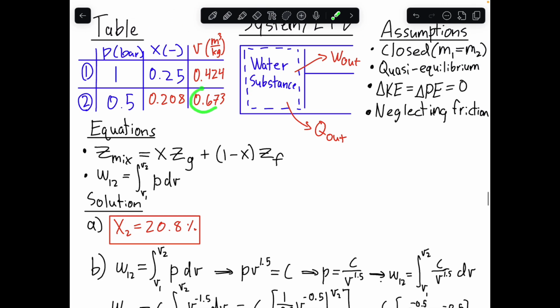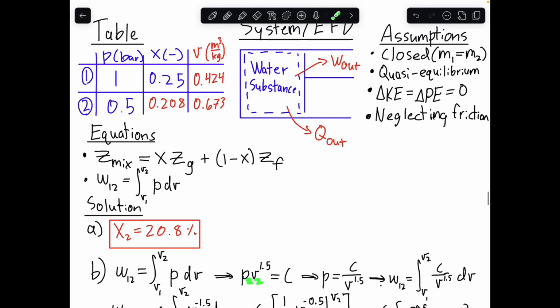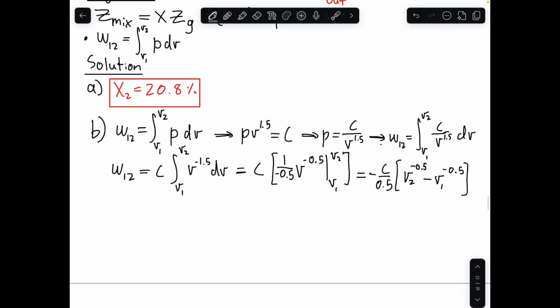Remember, from our table, we have those values right here. But we just need to find an expression for C. And to do that, we can just use this equation and evaluate this constant at any state. So if we choose state 1, we can evaluate P1 and V1. Or if we choose state 2, we can do P2 and V2. So I'm just going to choose P1 and V1 and plug that in for C.